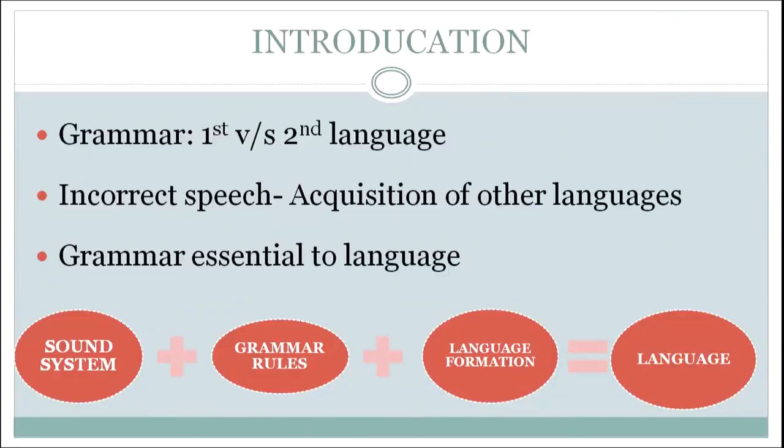You may have noticed or seen in your environment or in your classroom that grammar is never a problem when it comes to your first language or your mother tongue. Generally, incorrect speech is associated with the acquisition of other languages which are not your home languages or are very foreign to you.